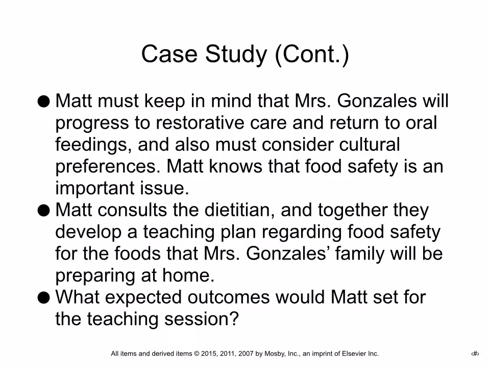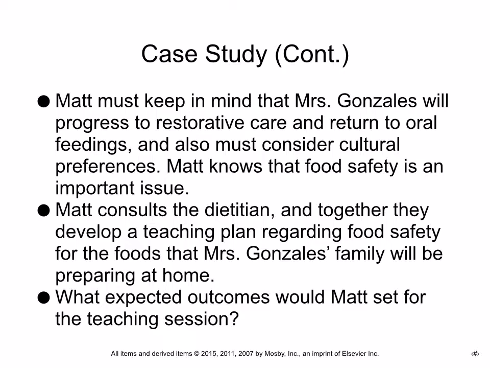And I think in your Potter and Perry book, there is a whole laundry list of things that can be done for the teaching session. If the diet therapy is continuing at home, how to clean the microwave and fridge, and how to even wash the dishcloths or towels if they are being used to clean the dishes.